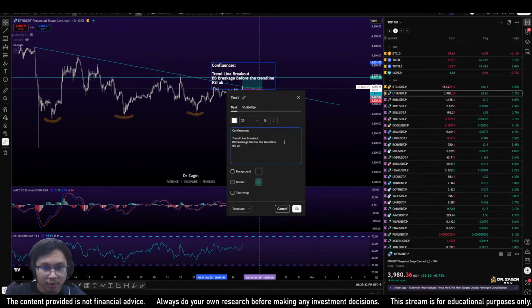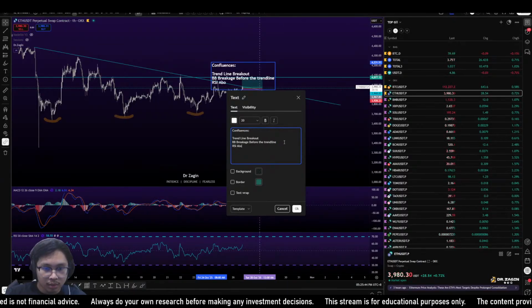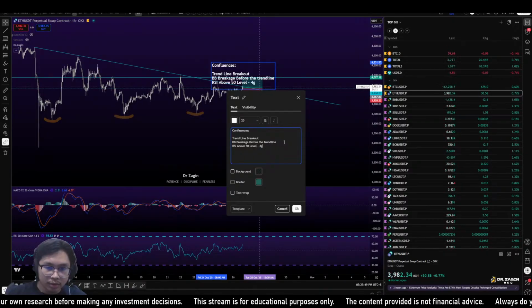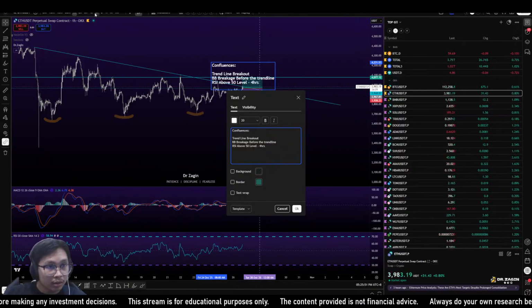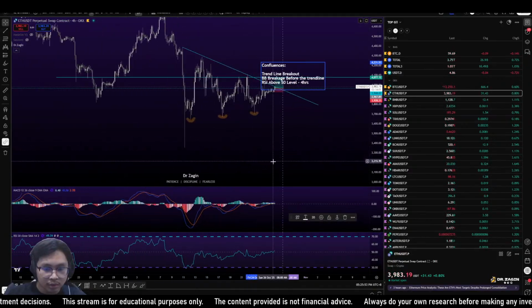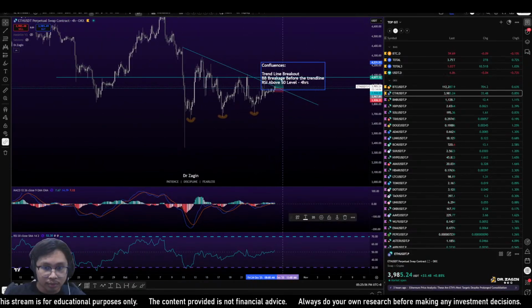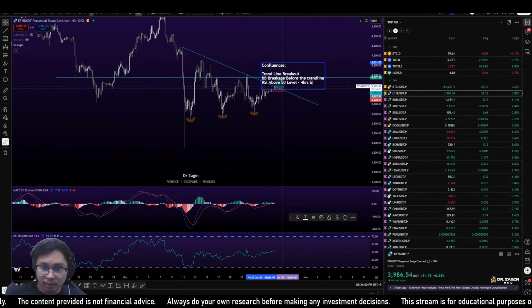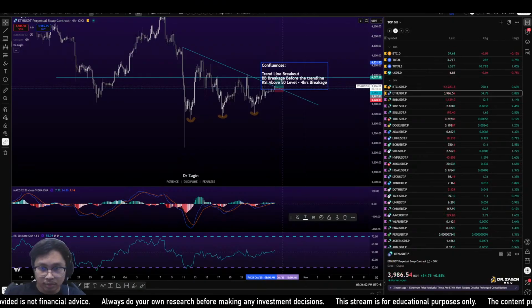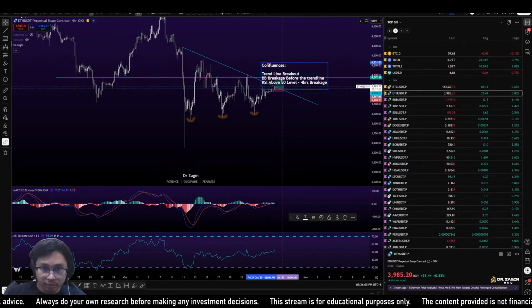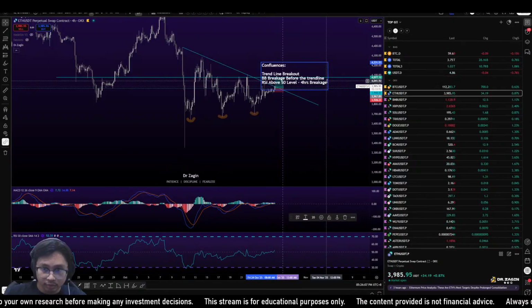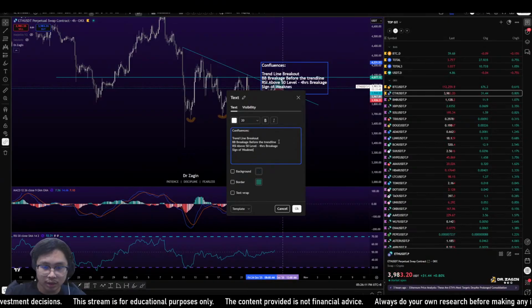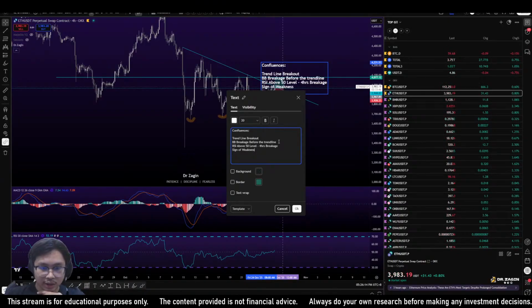RSI above 50 level. Four hours breakage. Sign of weakness. What else, guys? What else?